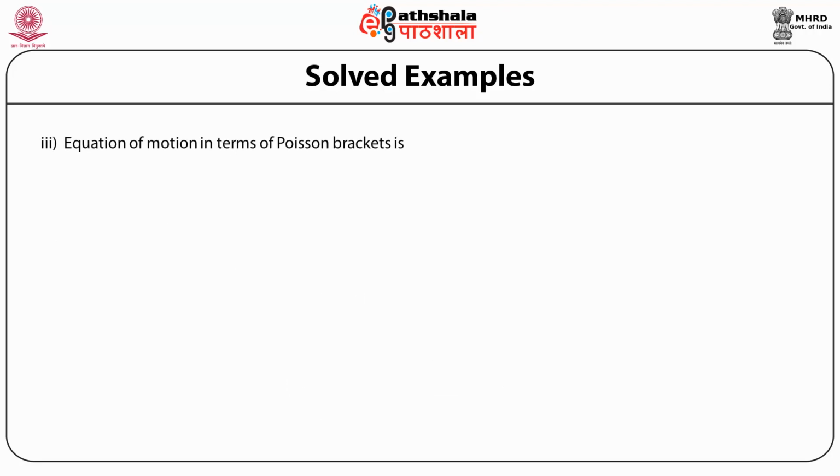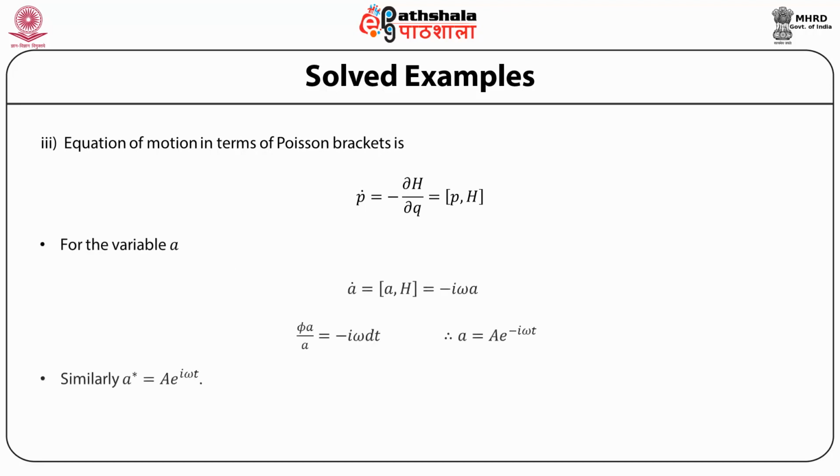And the equation of motion in terms of Poisson bracket, which is p dot is equal to minus dH by dq, is equal to the Poisson bracket of p with H. For the variable a, a dot is equal to the Poisson bracket of a with H, which is minus i omega a, and therefore a dot is minus i omega a.